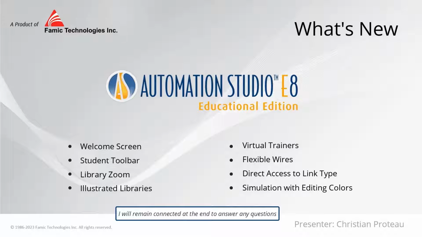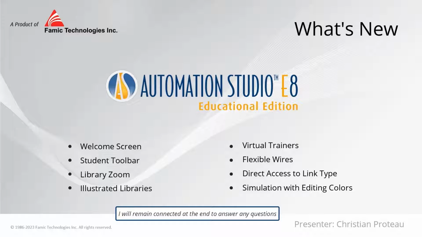On what's new in Automation Studio E8. As you probably know, we have many people connected to this presentation, so we will not be able to take any questions during the presentation, but at the end, I will remain online for at least 30 minutes. If anyone has questions, you can type them in the question tab of the application so I can answer after the presentation.